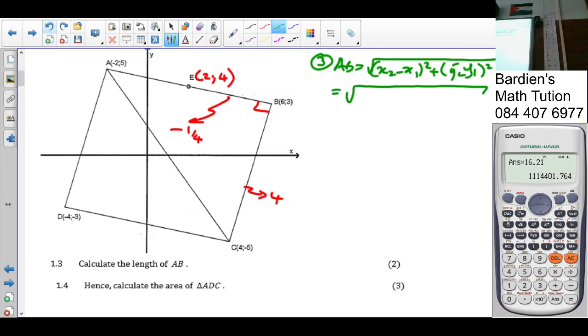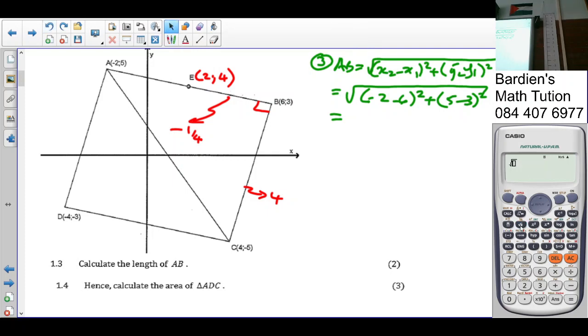So it's going to be negative 2 minus 6 squared plus 5 minus 3 squared. They give it as 2 root 17. Is that correct? 2 root 17.